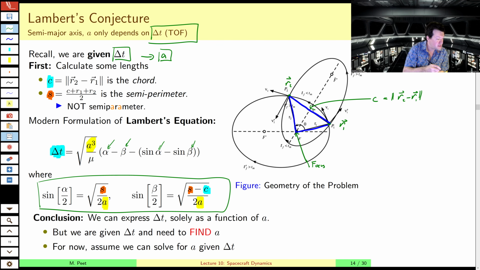The next parameter is the semi-perimeter, S, which is half of the perimeter. Don't confuse it with parameter, a word we've used quite often in this course, but perimeter, the perimeter of the triangle. We have one length of the triangle, C, and the other two lengths are just R1 and R2. So the perimeter of the triangle is R1 plus R2 plus C, and the semi-perimeter is half of that.